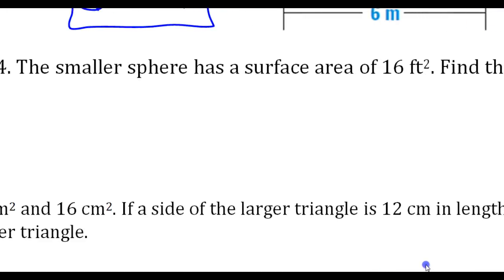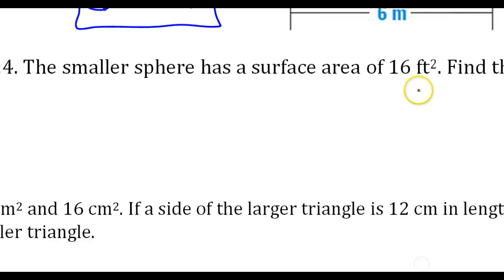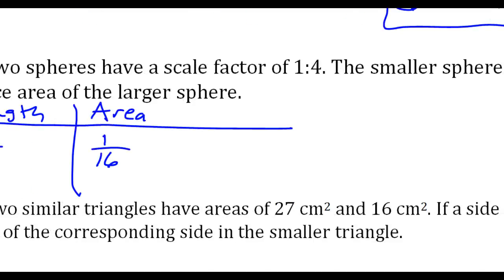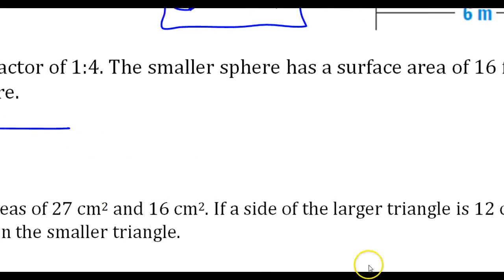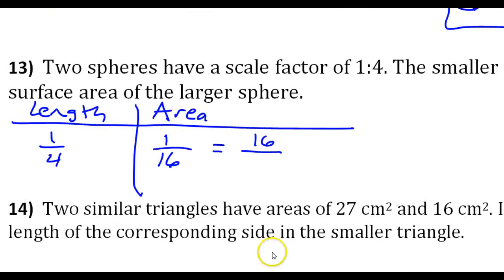So what do they say? The smaller sphere has a surface area of 16. As I set up my proportion, 16 will be the smaller surface area. And then it says find the larger surface area. So I'll put A for area.